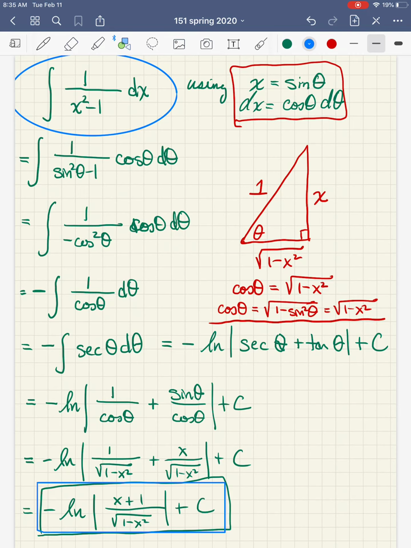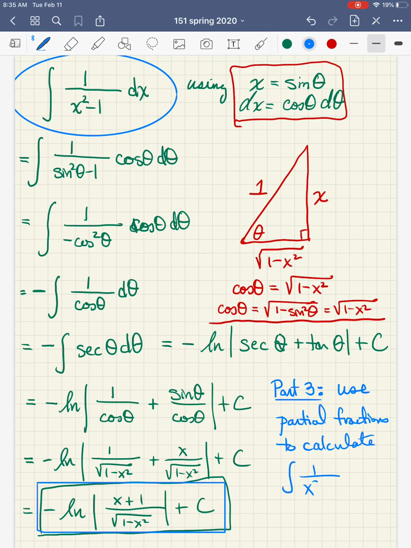And what we're going to do in part 3 of the video is use partial fractions to calculate this integral. The answer is going to look a little bit different, and then we're going to use some properties of the natural log function to see that they're the same. So stay tuned for part 3.